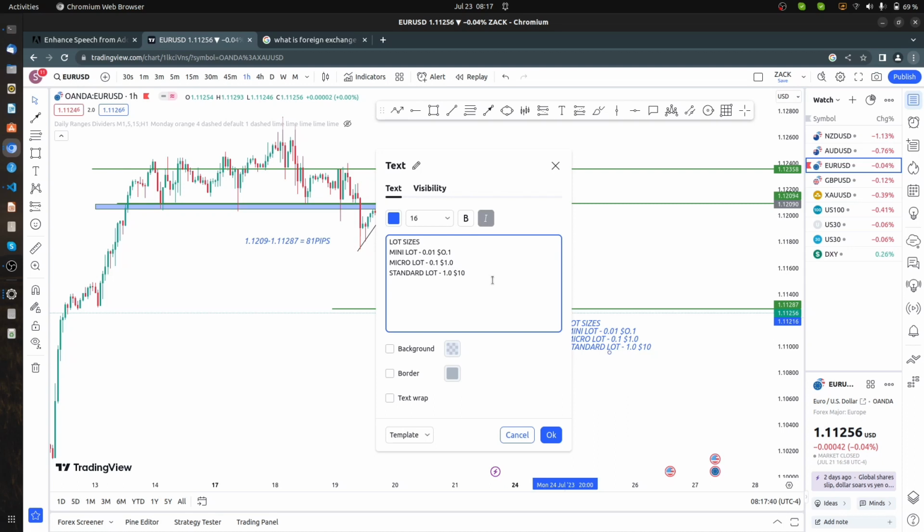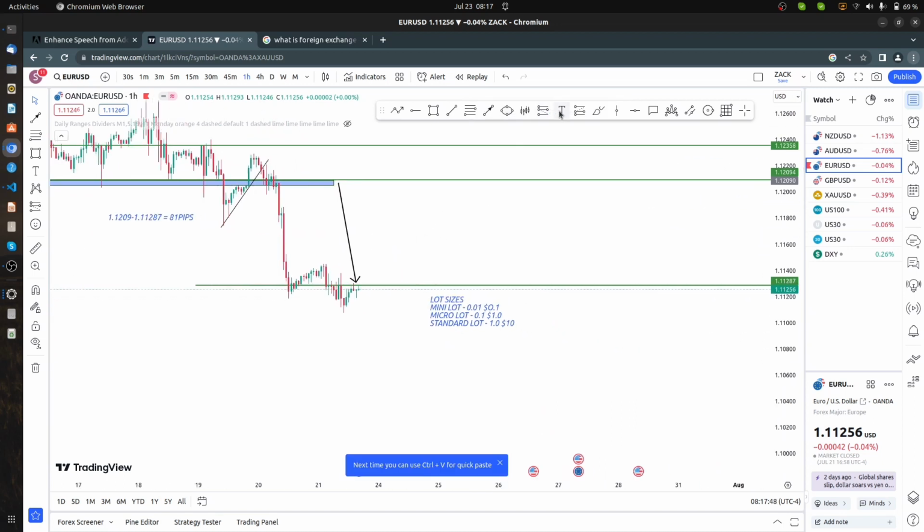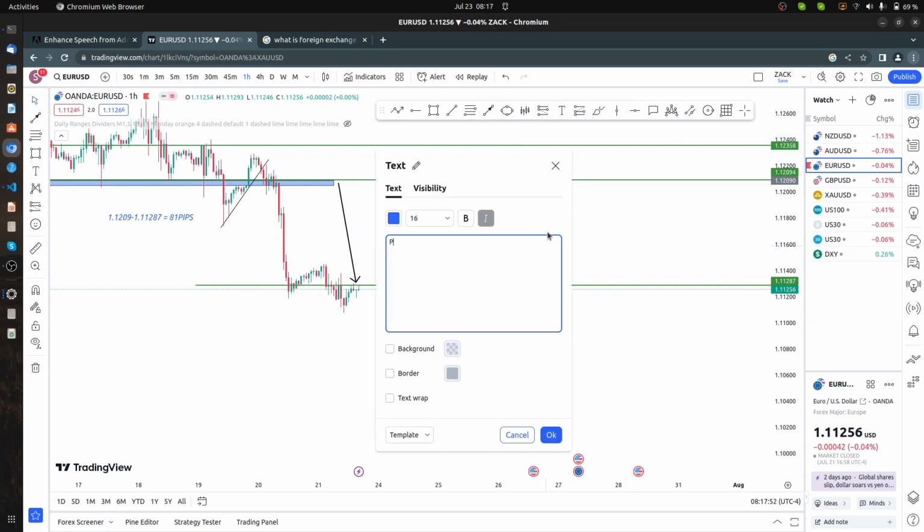So basically today, summary, what I want you to grasp if you are starting day trading, I want you to know that price movements are measured in pips. That is the unit that we use to measure price movements.